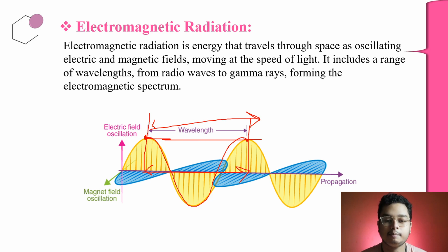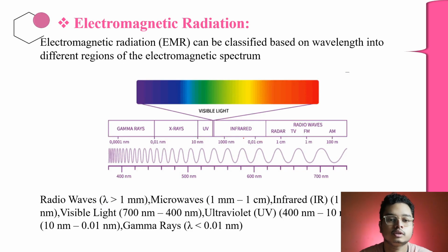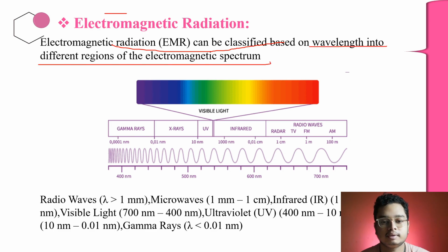Depending upon the various wavelengths, it has different energy, and from there we get the electromagnetic spectrum from gamma waves to radio waves. Okay, so this is the electromagnetic spectrum. Now here it is written that electromagnetic radiation can be classified based on wavelength into different regions of the electromagnetic spectrum.